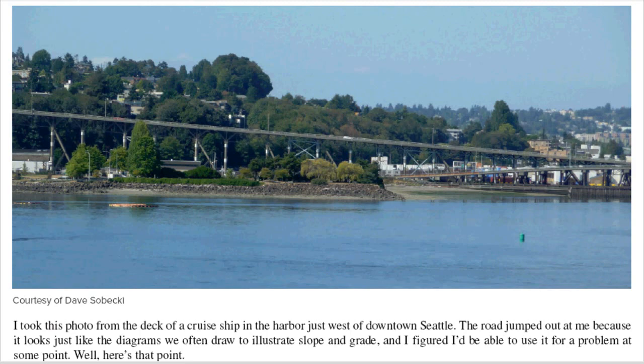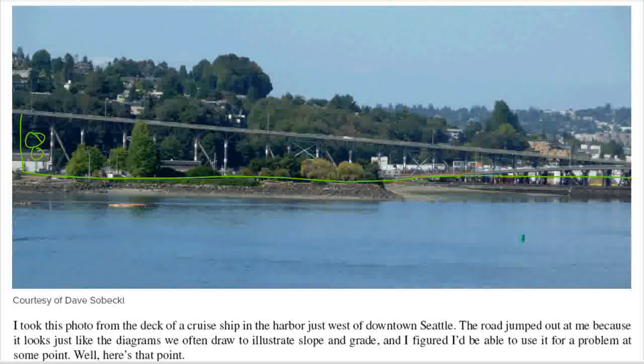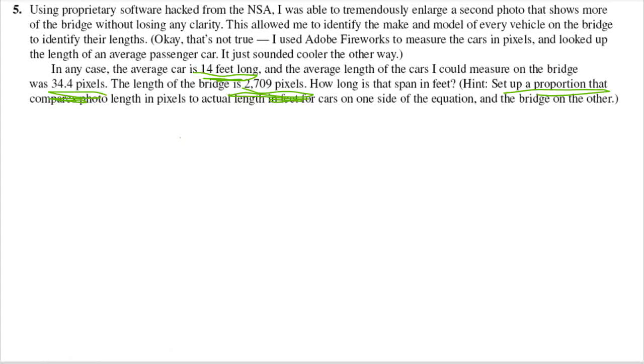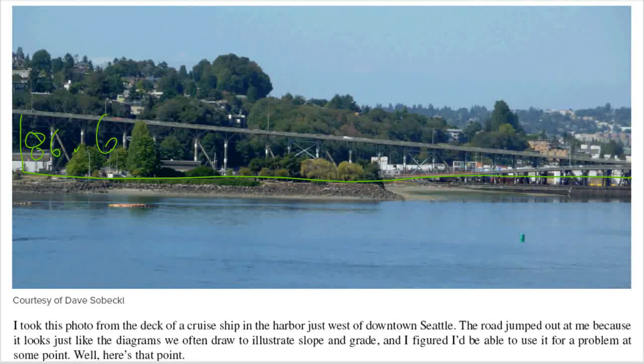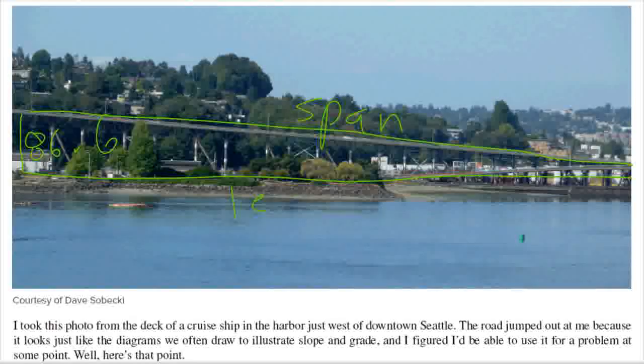And if you look at the bridge, the 89.6 is here. And you calculated the span in question 5. Now you have the span is this distance here. You have this distance, you have the span, and you need to calculate the length.